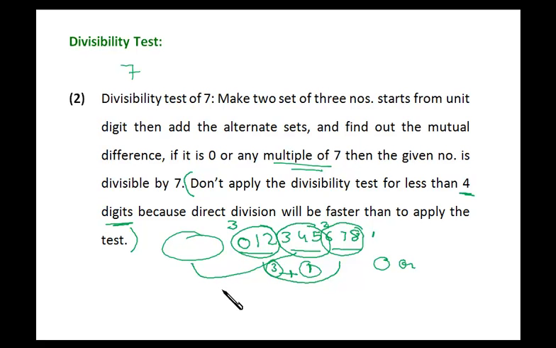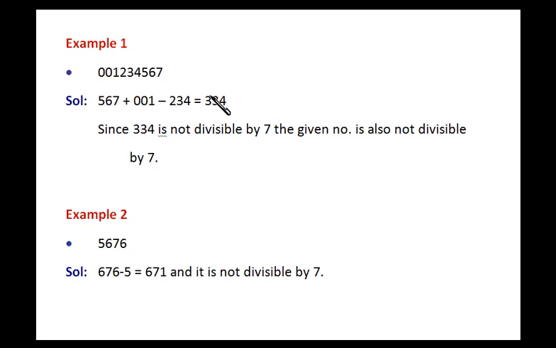So now we'll take some examples so that this divisibility test of 7 is clear to you. The first example is 001234567. We'll make 3 sets, starting from the units place: 567 is set number 1, then 234 is set number 2, and 001 is set number 3.